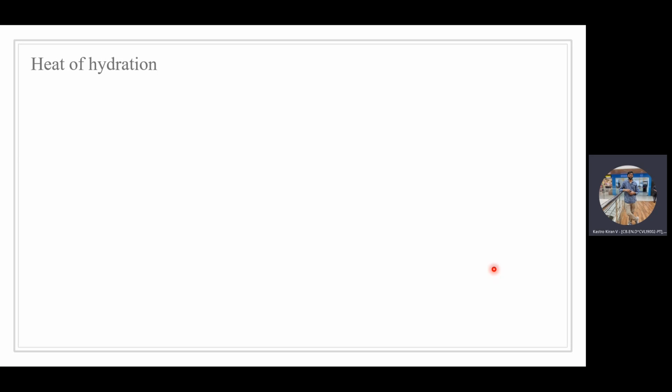Hydration is a chemical reaction that takes place between cement and water, that we know. Now, as I said earlier, this hydration reaction is an exothermic reaction. What is an exothermic reaction? An exothermic reaction is a reaction which liberates a certain amount of heat.